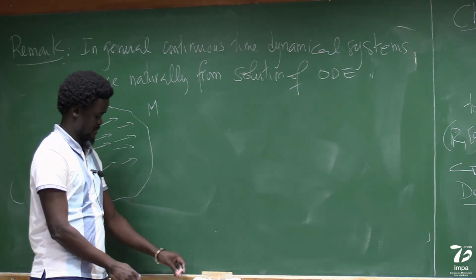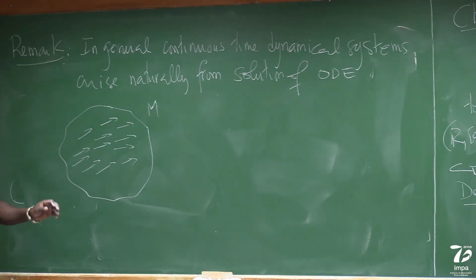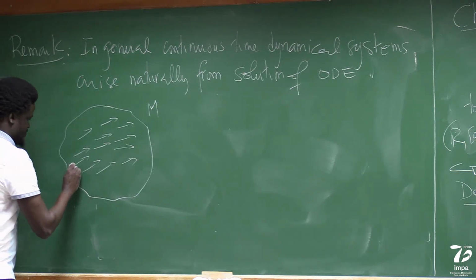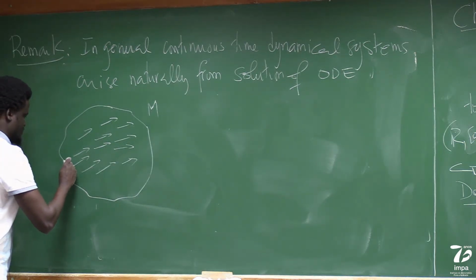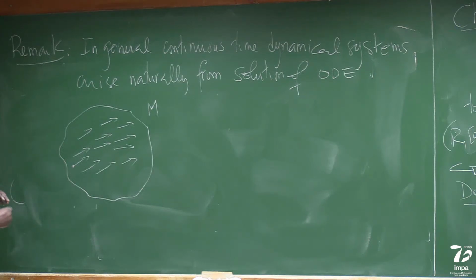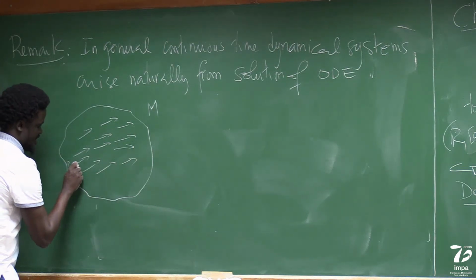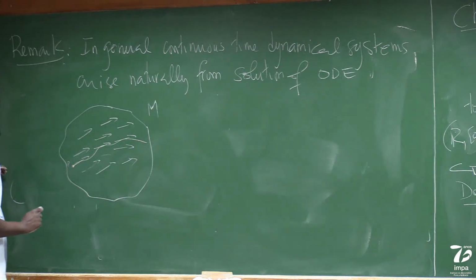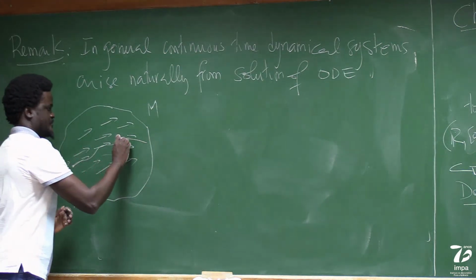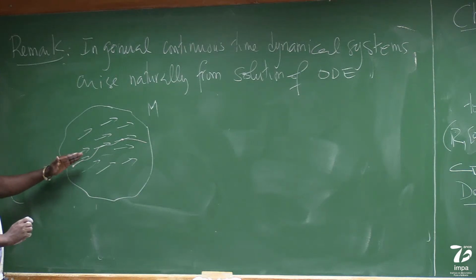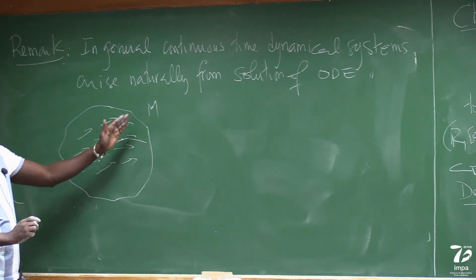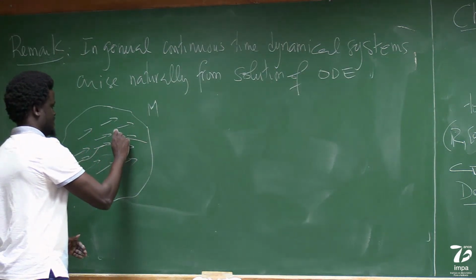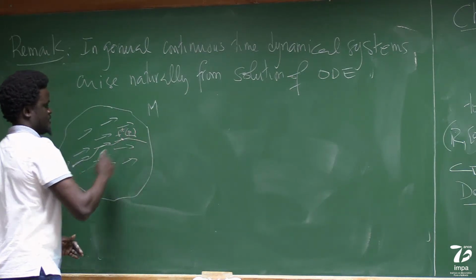So if you have a point P here, F_t(P) is just taking the integral curve of this vector field, the curve that is everywhere tangent to the vector field. So this point here is F_t(P).